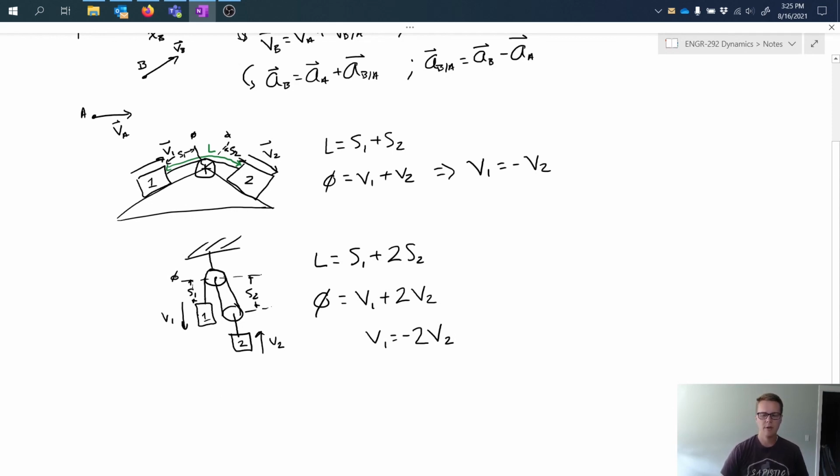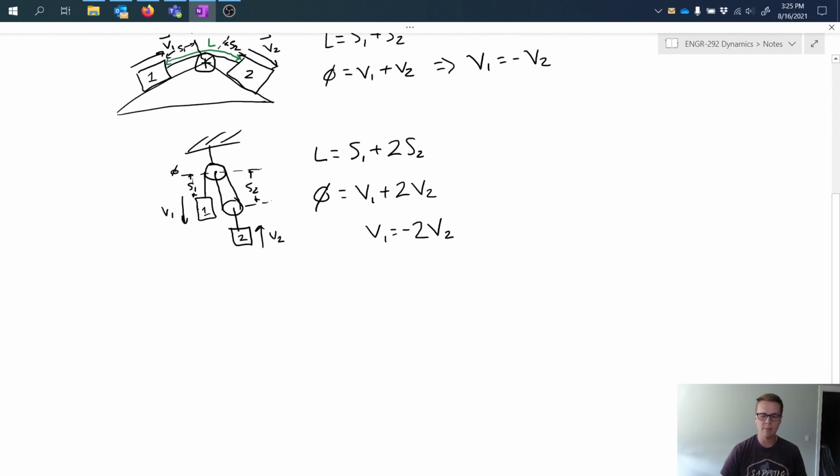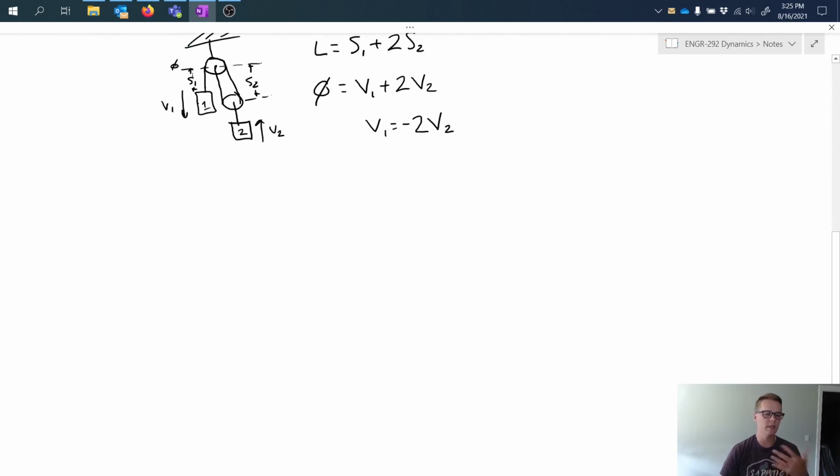Now, of course, this idea of dependent motion and even relative motion isn't limited to these pulley type problems. I could define a number of things. One that I like, because it makes sense to me, is a piston in a cylinder.